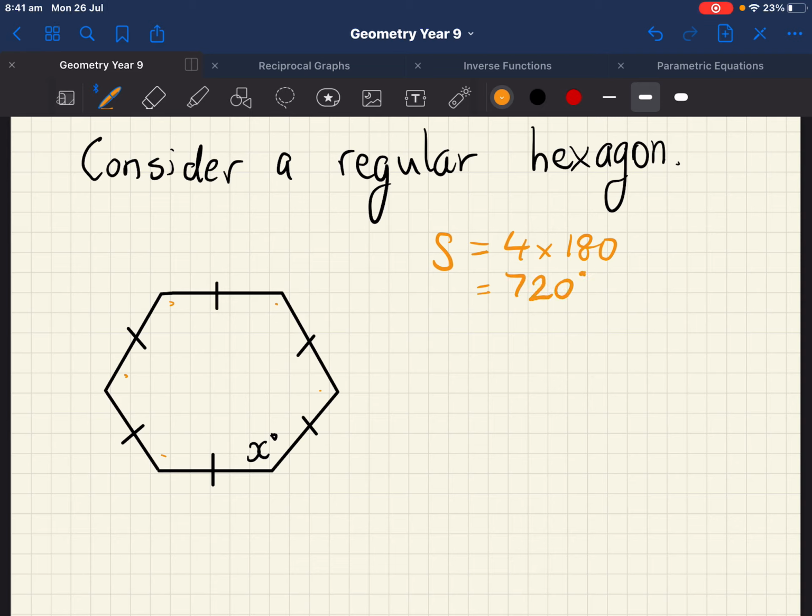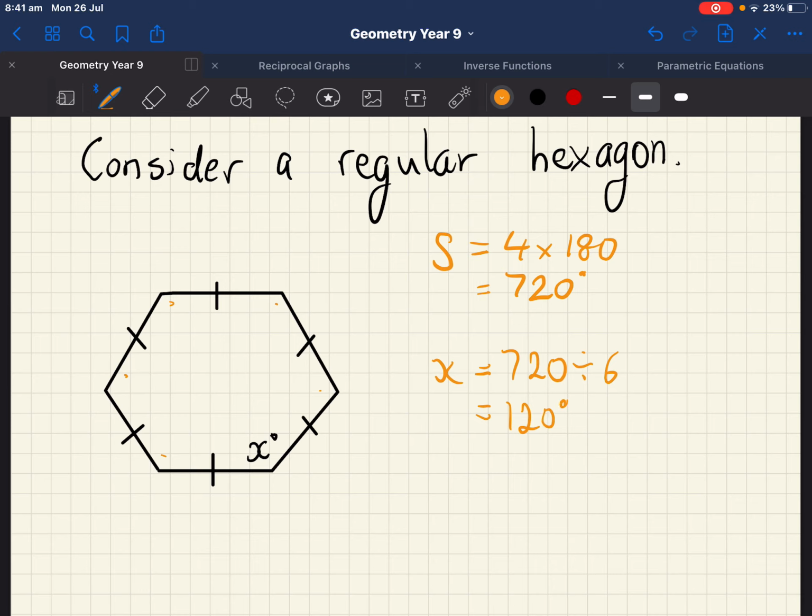If you have a hexagon, it will have 6 angles, and those 6 angles will add up to 720 degrees always. So if the 6 angles add up to 720, since this is a regular hexagon, that means all the angles are going to be the same. We can determine the value of x just by dividing the 720 degrees between the 6 angles, and you end up getting 120 degrees. That's the size of x here.